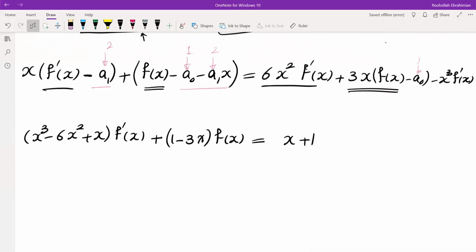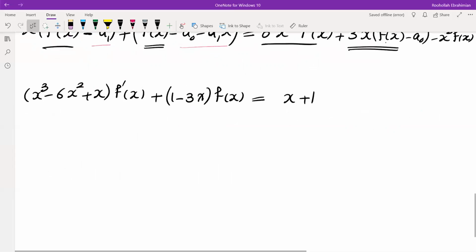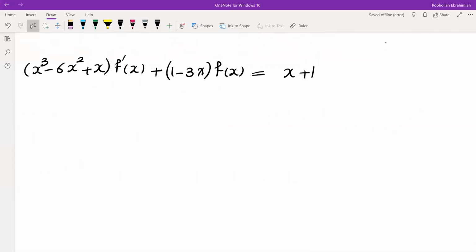So now we can see if we can actually solve this differential equation. And if we can solve this differential equation, that means we can find f of x. And if I can find f of x, then I would be able to find an, which is the objective here. So this is a first order linear differential equation.